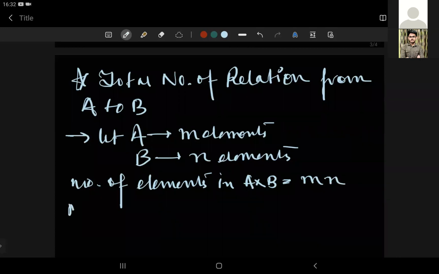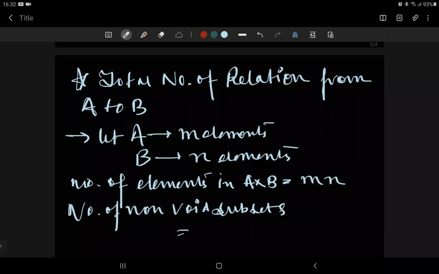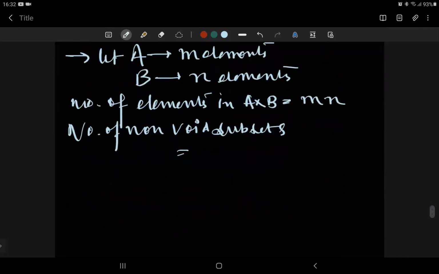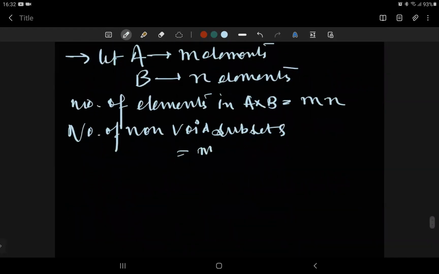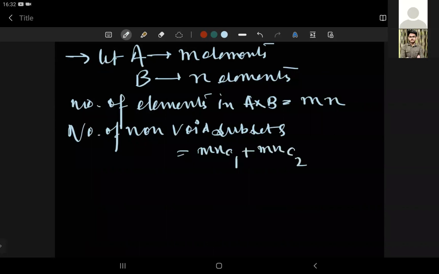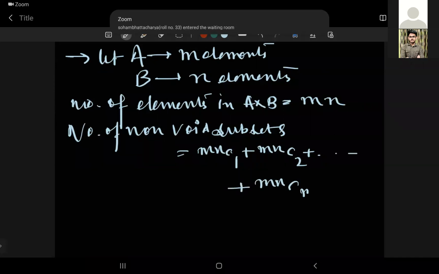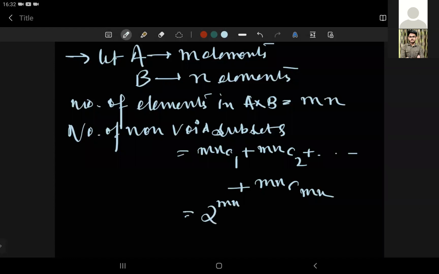Now, the number of non-void subsets, we can definitely write, is equal to mnC1 plus mnC2 plus dot dot dot up to mnCmn, which we can definitely write as 2 to the power mn minus 1.